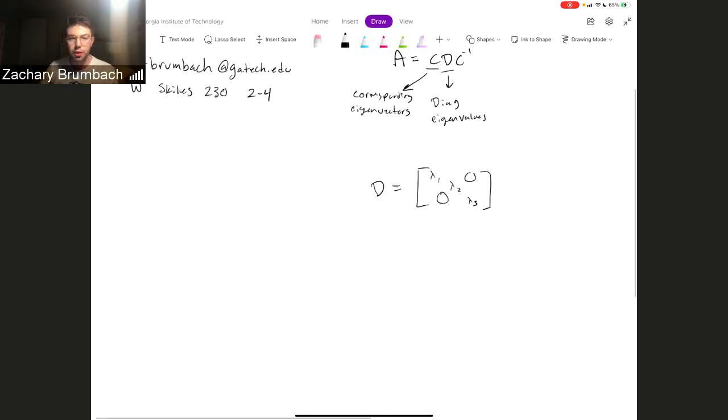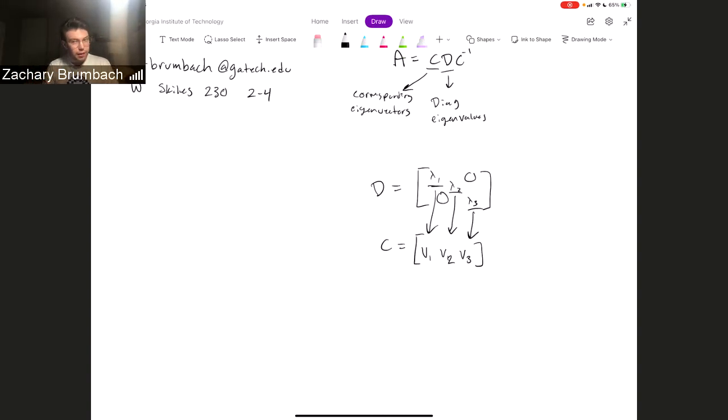That's what that big 0 means. And C equals eigenvector 1, eigenvector 2, eigenvector 3, corresponding to whatever column these are in. You find these through the characteristic polynomial; we're going to go through how to find eigenvalues and eigenvectors.